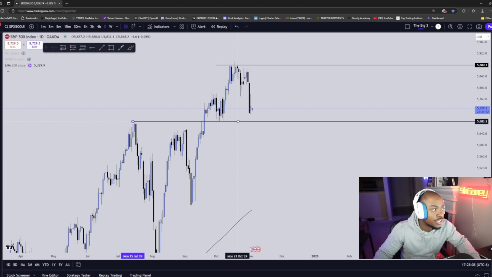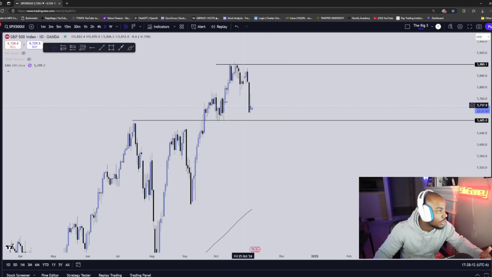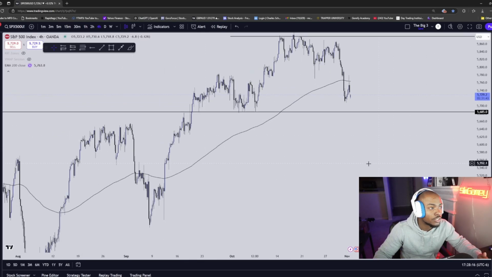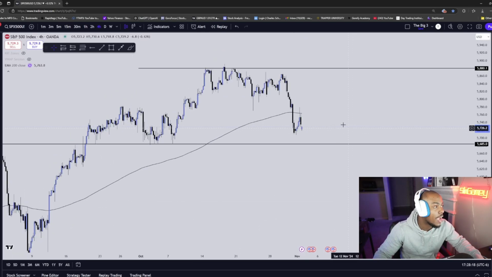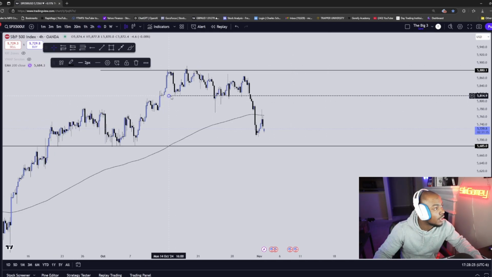I just like to use these thin lines because it makes my chart look cleaner. Now, going down from the daily to the 4-hour time frame, we had quite a few structure points from last week and the week before. I would mark some resistance up here that was once support.